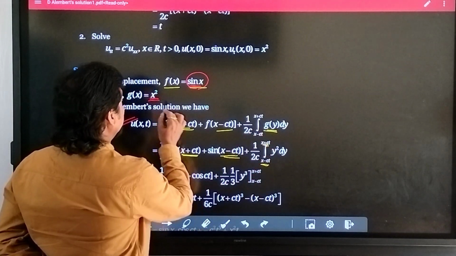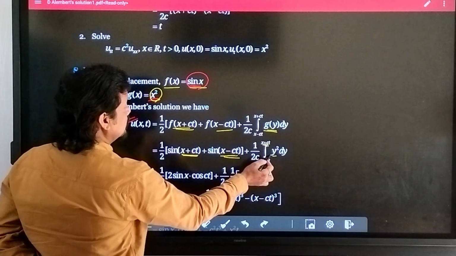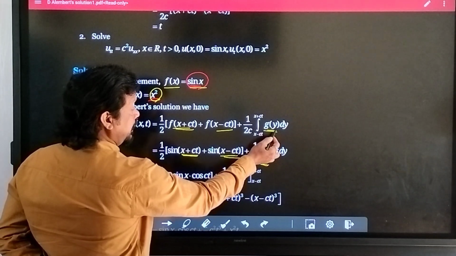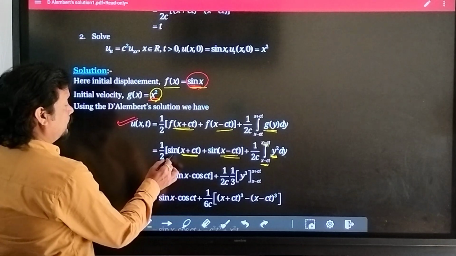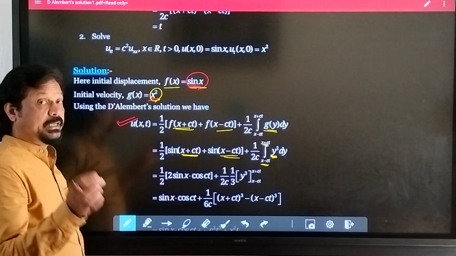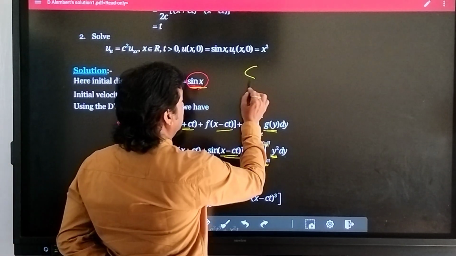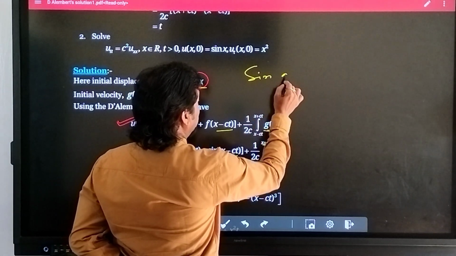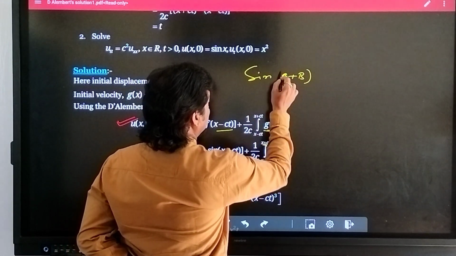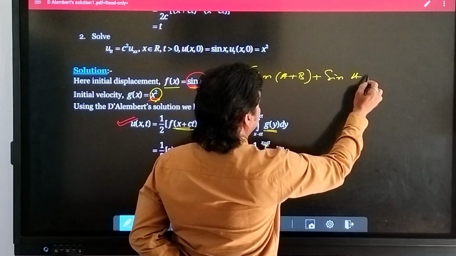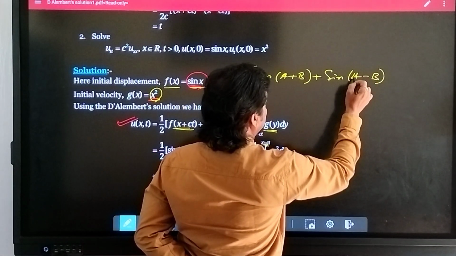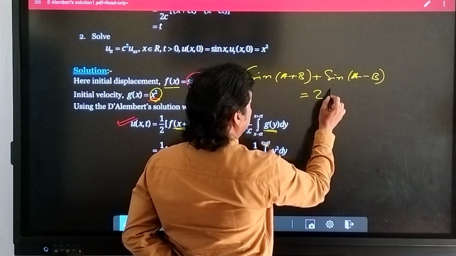In place of g of y, I can write y square, so y square into dy. And this is the formula: sin a plus b plus sin a minus b. You want to remember the trigonometry formula: sin a plus b plus sin a minus b equals 2 sin a cos b.